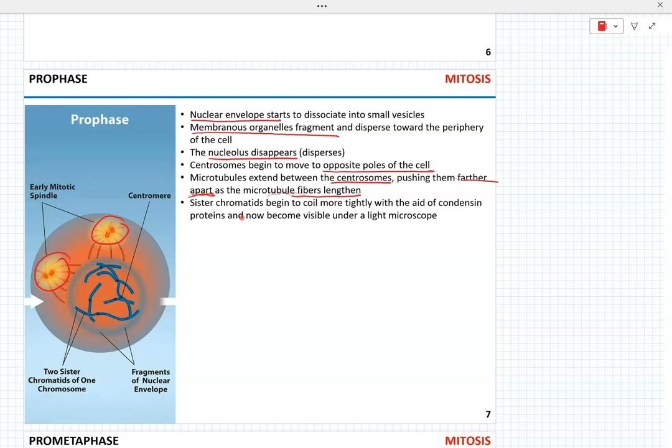Sister chromatids at this point start to coil with the participation of condensing proteins, which facilitate that coiling, and can now be seen under the light microscope.